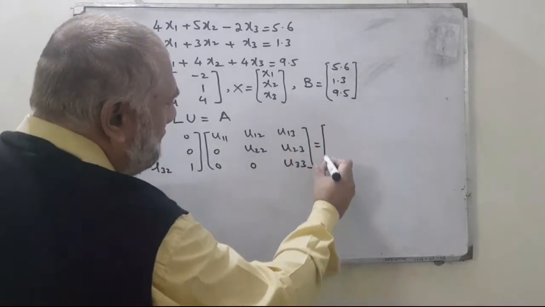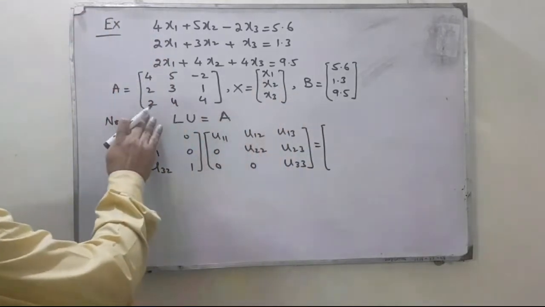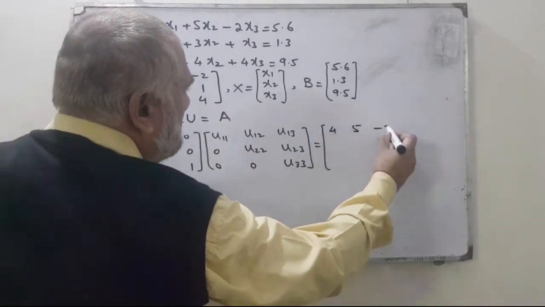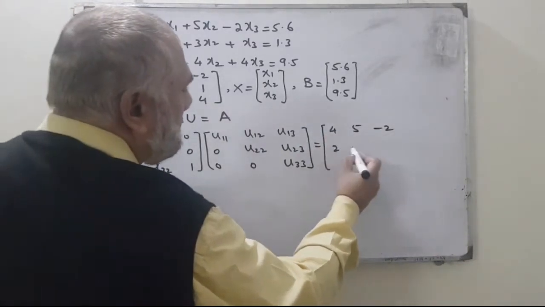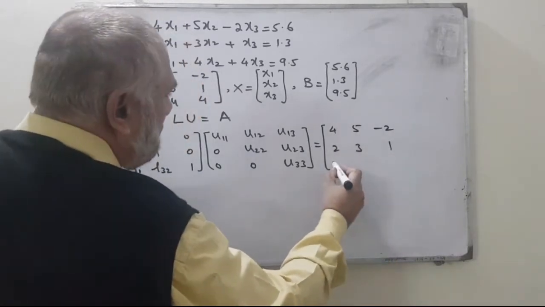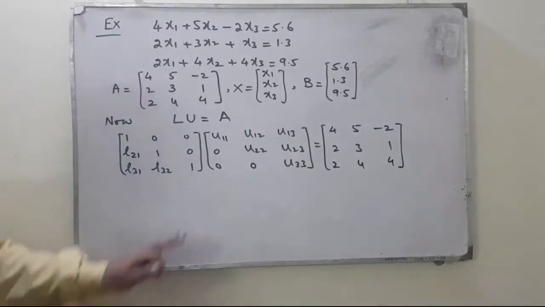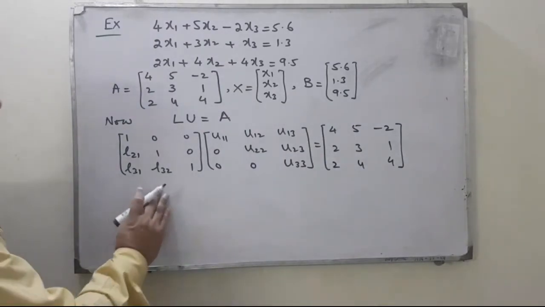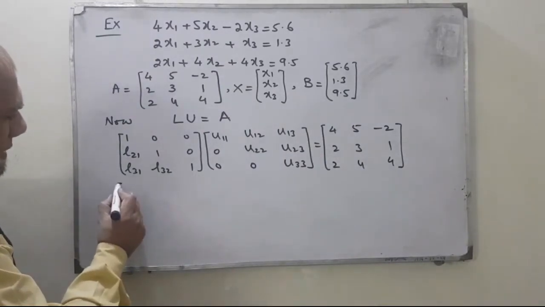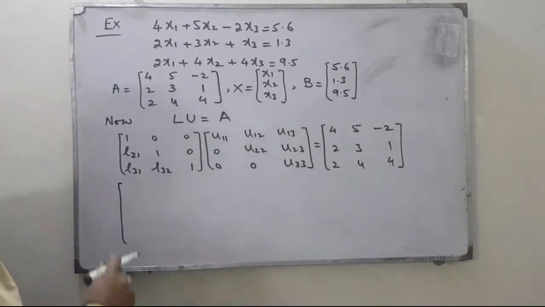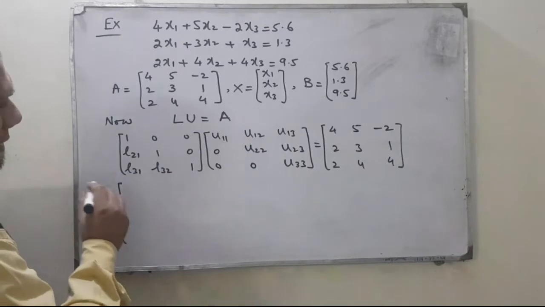And on the right side we have the coefficient matrix A, which is 4, 5, -2, 2, 3, 1 and 2, 4, 4. Now we take the product of these two. We have already done this step, but here we actually have to solve and find all the unknowns involved in LU.